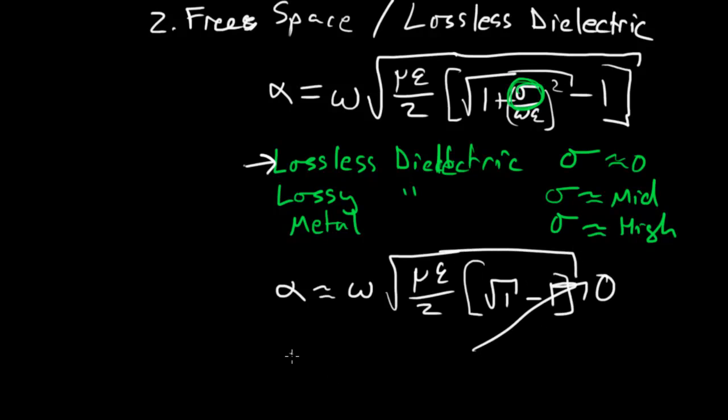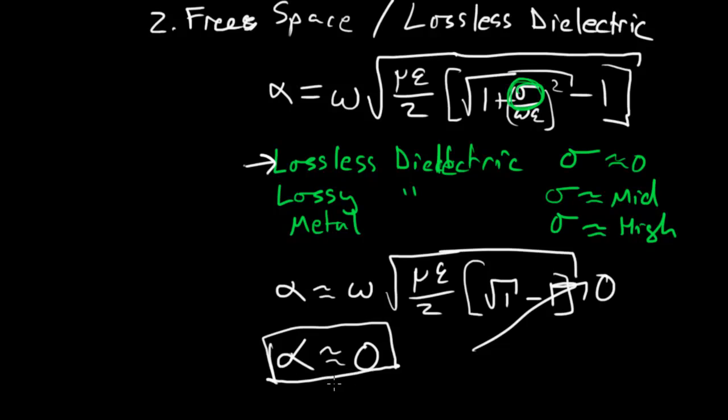That's 0. So for the case of a lossless dielectric, the attenuation constant is approximately equal to 0. What does that mean? That means as the electromagnetic wave travels in a material with this attenuation constant, there will be no loss of the signal. There will be no attenuation.